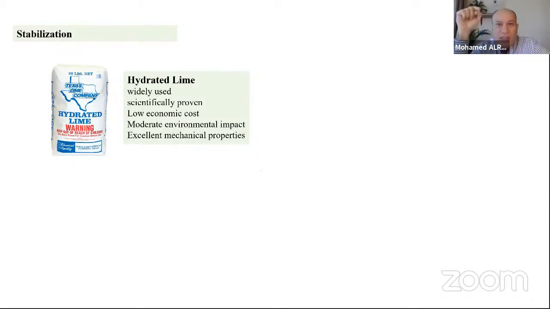Lime, which is calcium hydroxide, because I have to say it in chemical definition since it has so many commercial names in different countries. So I'm talking about calcium hydroxide. It is scientifically proven, with low economical cost and moderate environmental impact, and an excellent material that could achieve high mechanical performance for your soil.